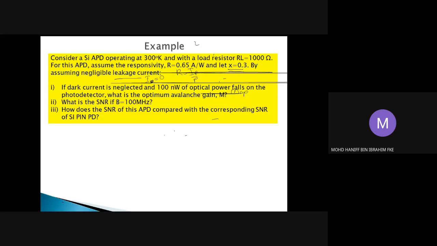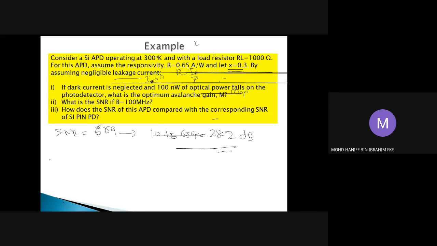For the PIN photodiode, it should be easier because we don't have any effect of M. From number 2 just now, the SNR for the APD is 659, which in dB is 10 log of 659, equal to 28.2 dB. That should be the value for the SNR for the case of APD.